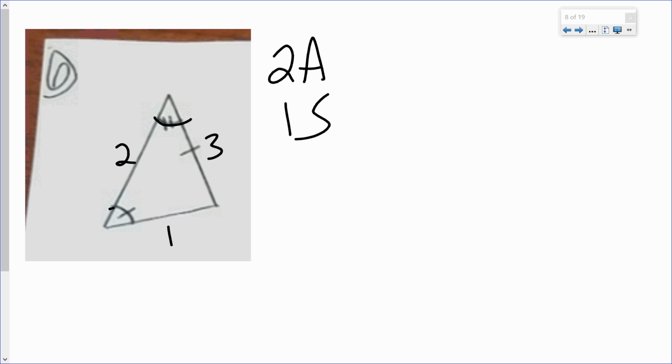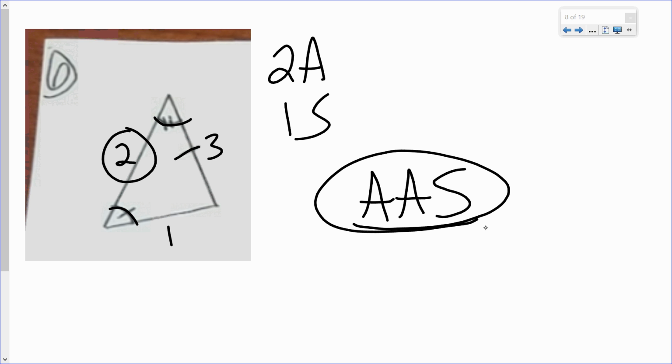If these are my 2 angles, which side is in between those 2 angles? This one is. Is that the side that's marked? No. So the side is not between the 2 angles, so the S is not between the 2 A's. This would be an example of AAS.